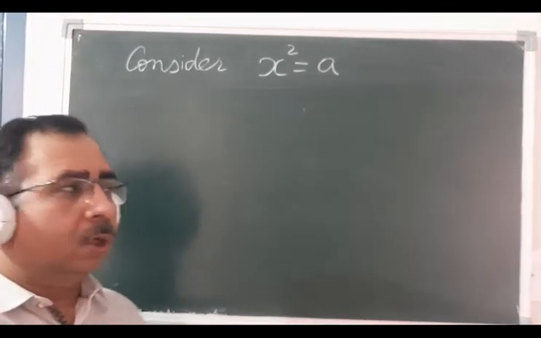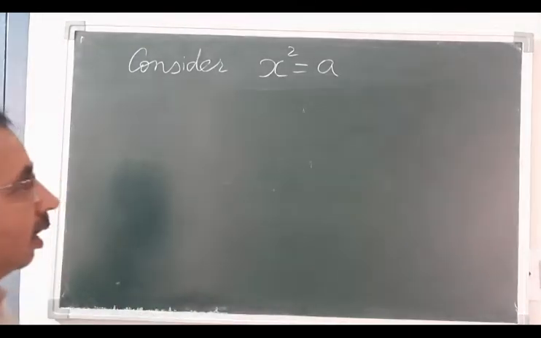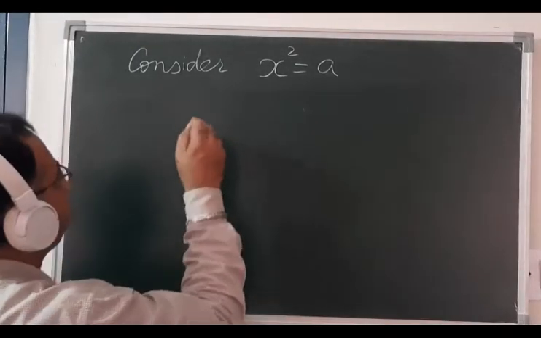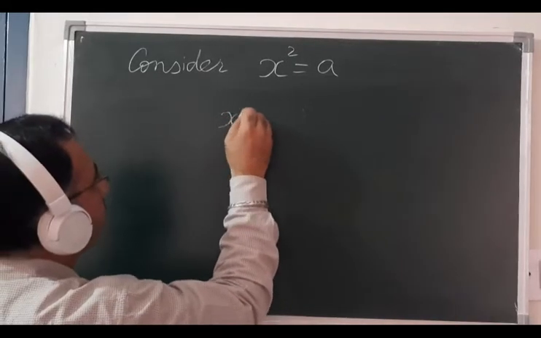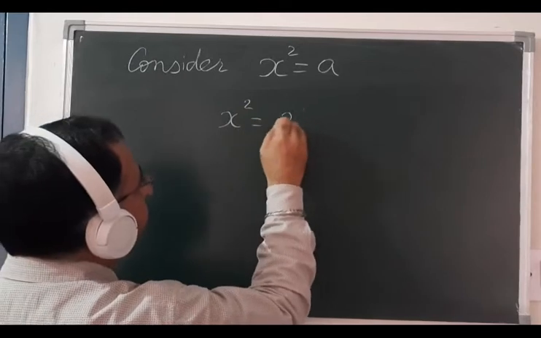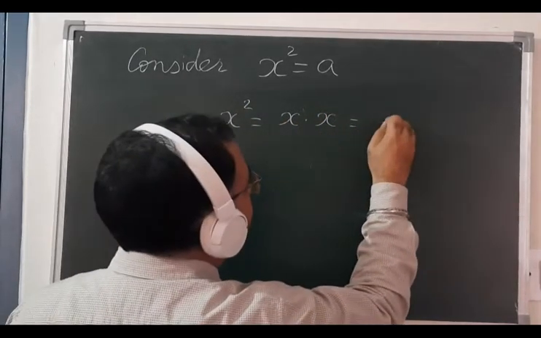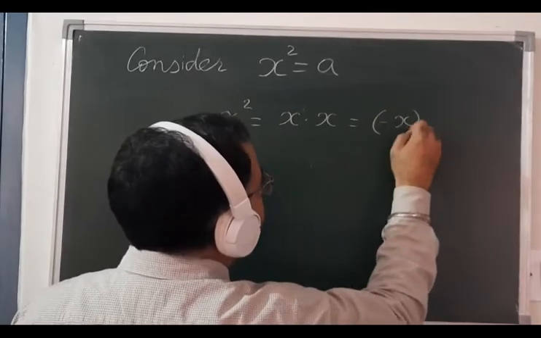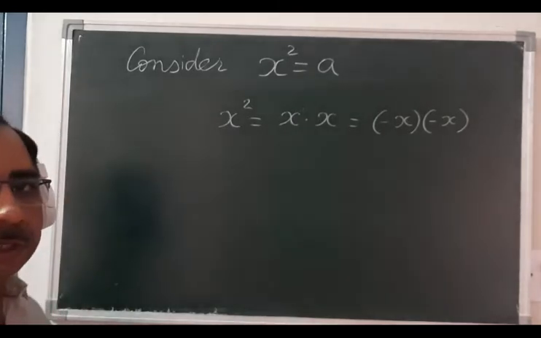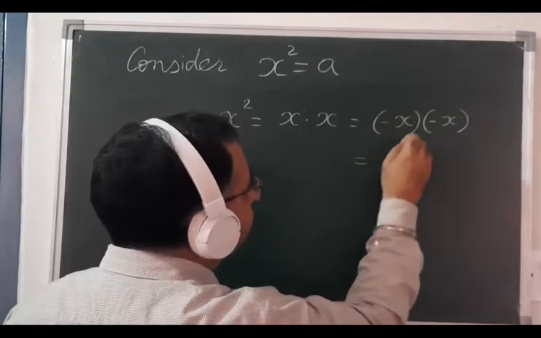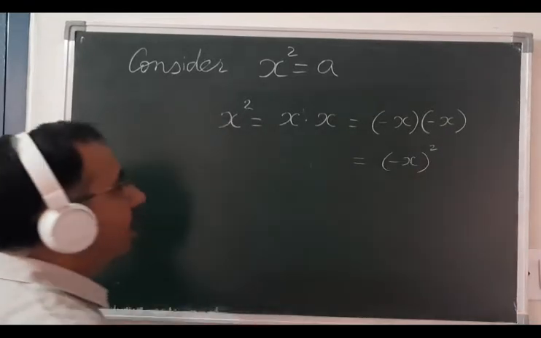Suppose we wish to know how many solutions of this equation are in the set of real numbers. Then notice that x square is equal to x into x. I have already proved that this is the same thing as the product of their multiplicative inverses, and this product is further equal to minus x square.